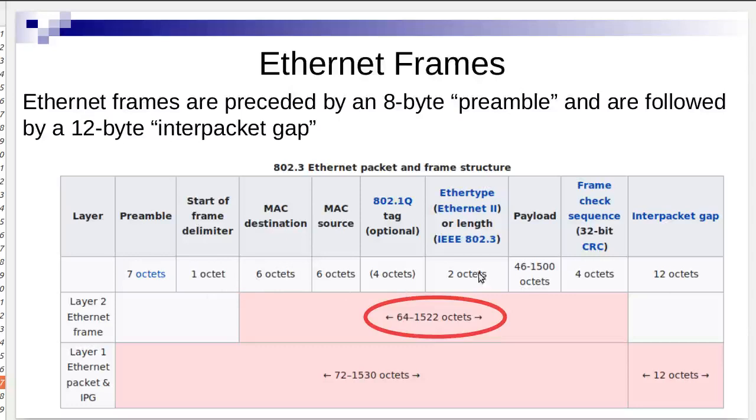Actually, we don't even have a tag, we have 2 octets for Ethernet 2, we don't use this. Then the data, which is called the payload, followed by the frame check sequence, and then after that you have to have an inter-packet gap, that is basically 12 bytes of silence. That's just a way for the NIC to recover, 12 bytes of nothing, followed by maybe a preamble of the next frame and so on.